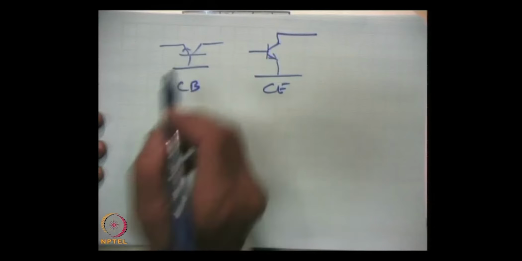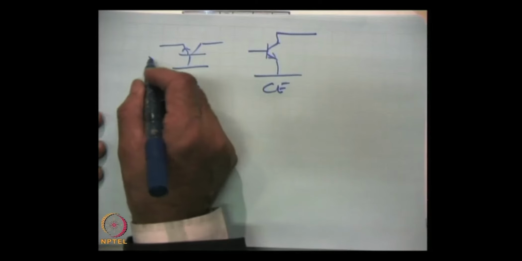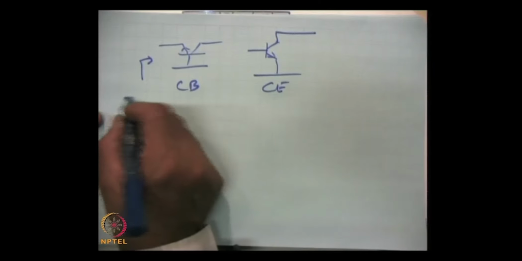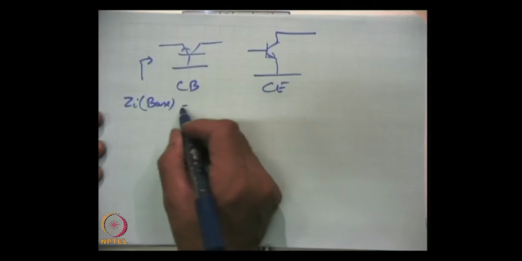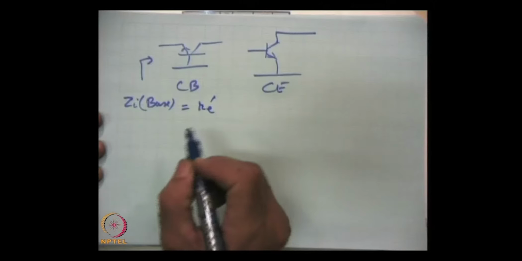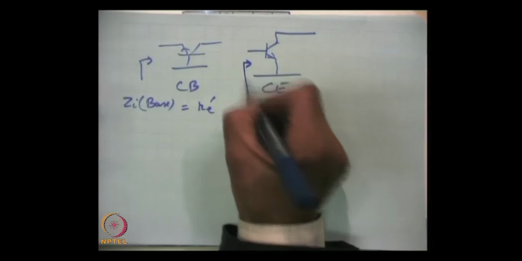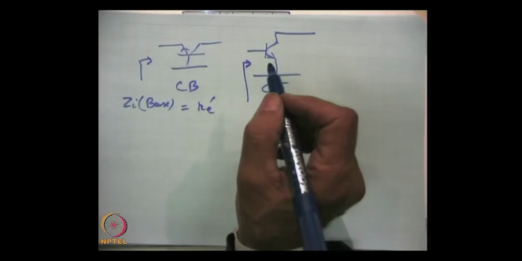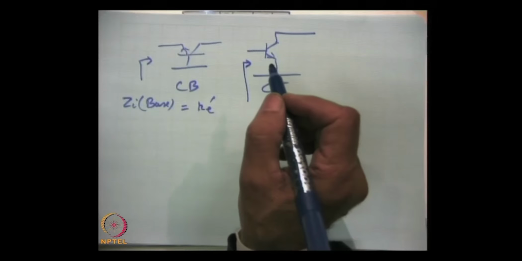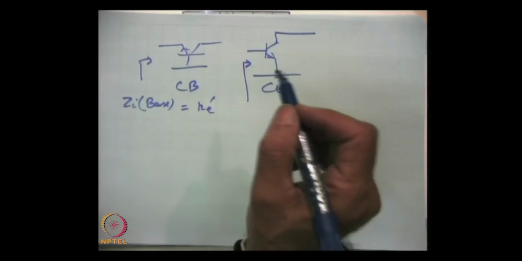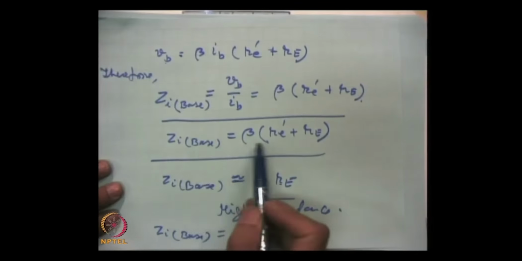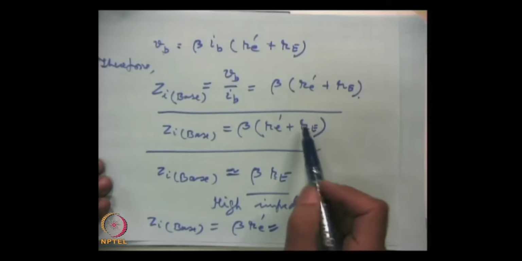In this case, the impedance as seen here Z I base is equal to R E prime. The impedance in this expression, here R E is 0.